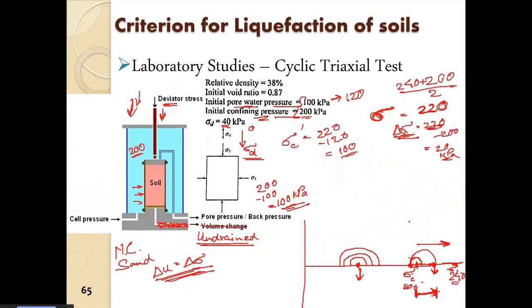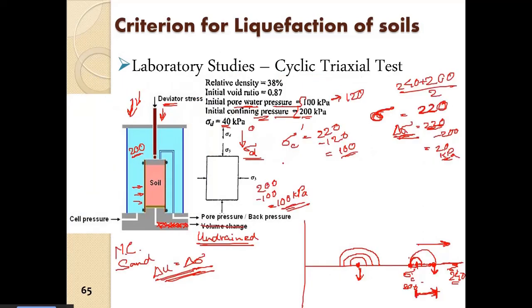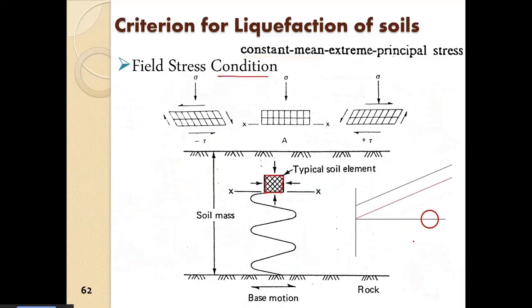So while doing a triaxial test by applying a cell pressure of sigma c and applying a deviator load of up to sigma d, cycling from 0 to a maximum load, and then again up to 0, again up to a maximum load, again up to 0, we can replicate the same condition which is occurring in the field.